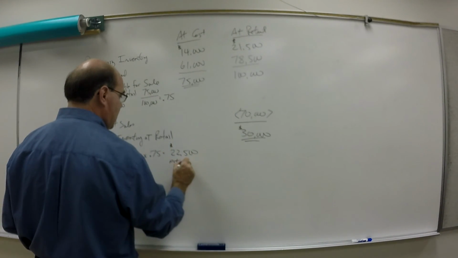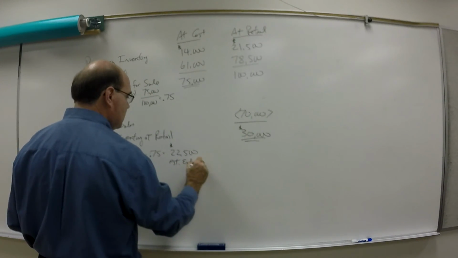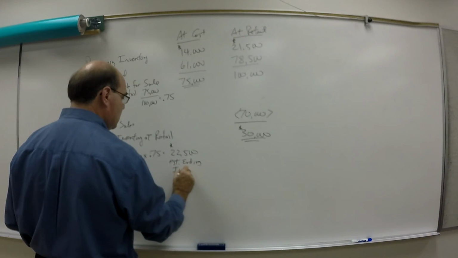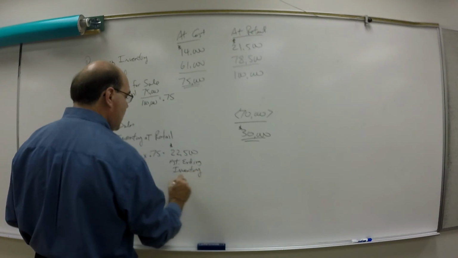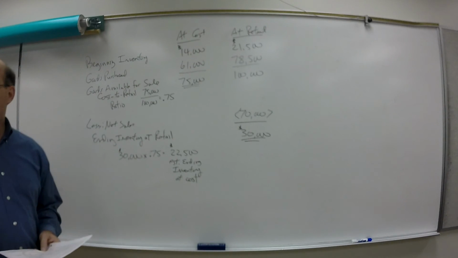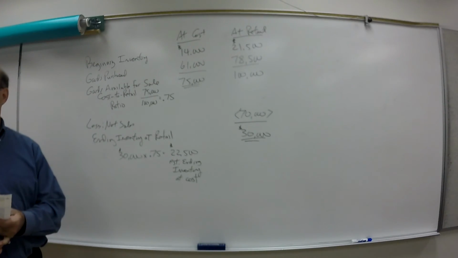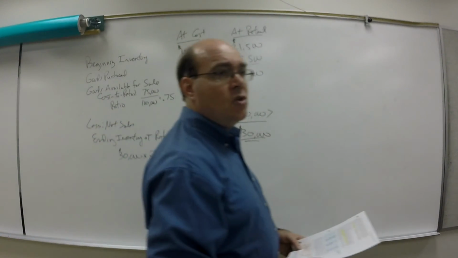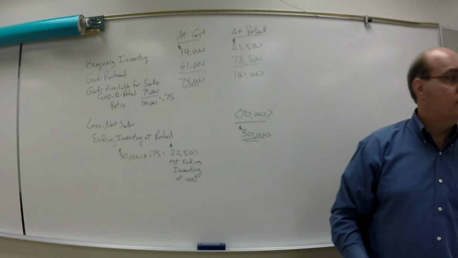That's our estimated ending inventory at cost. So that's the number that we end up putting on our balance sheet. And that's the number we use to find our cost of goods sold. So that's the retail method.